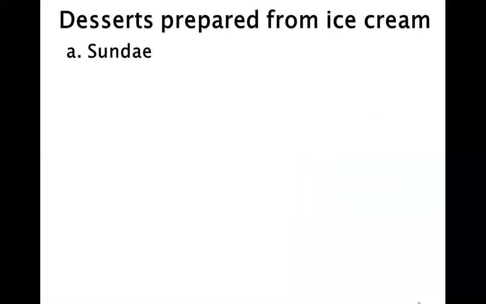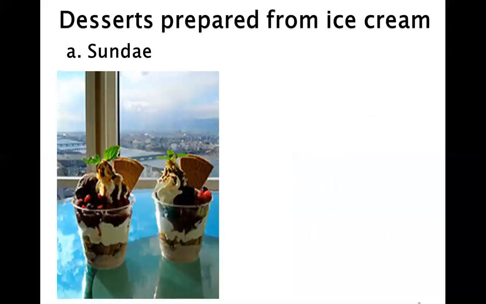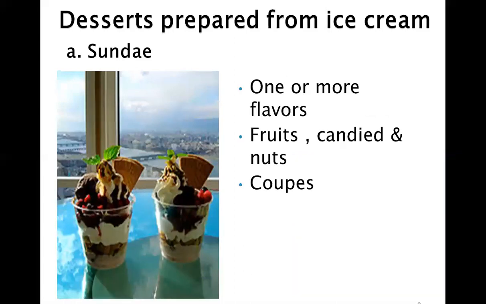In this video, we are going to see basically three types of desserts which can be prepared from ice cream. So the first one is sundae. Sundaes are desserts made with scoops of one or more flavors of regular ice cream and accompanied by a sauce.